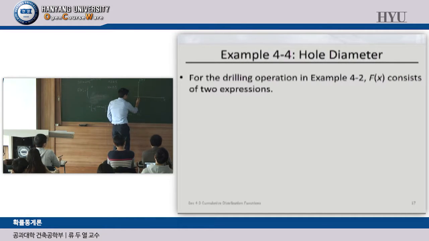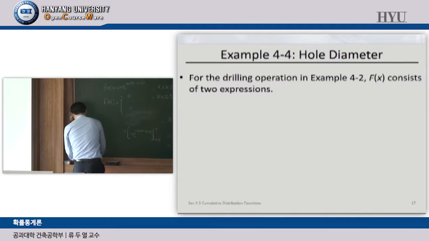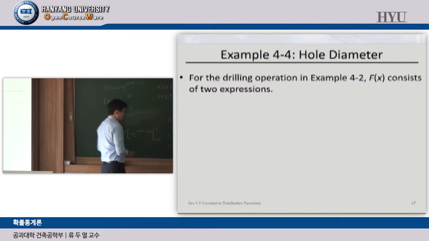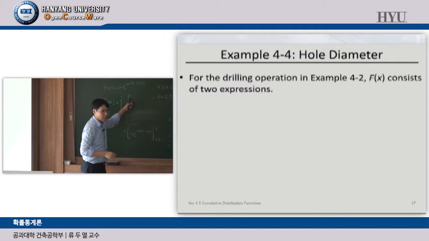And this is 0, and this is 12.5, okay? So in this case, when x is smaller than 12.5, the cumulative distribution function is equal to 0.